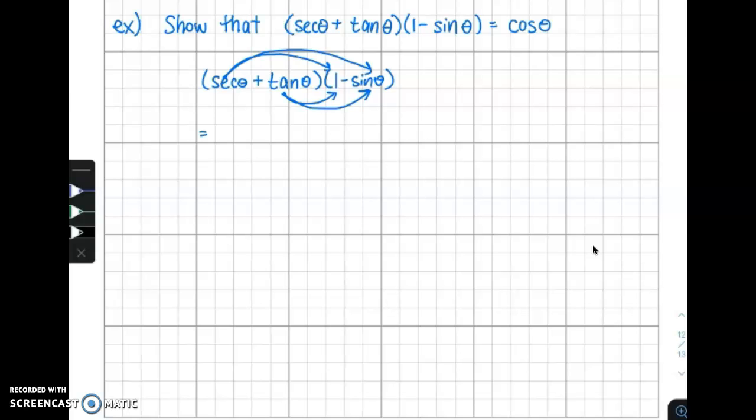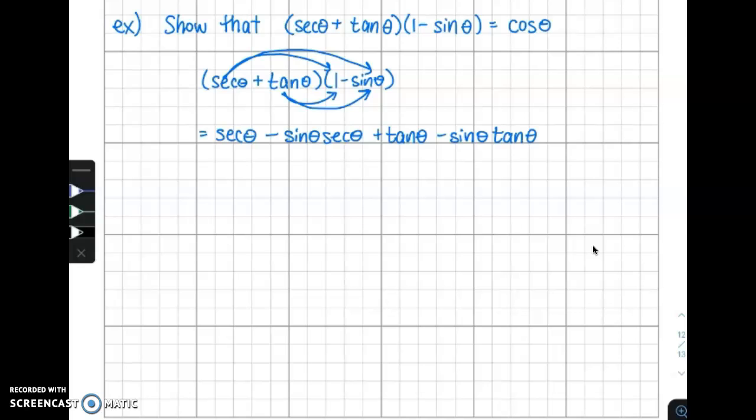So my first statement is equal to secant times 1, which is secant, secant times negative sine, which is negative sine secant, plus tangent times 1, which is tangent, minus or plus tangent times negative sine, which is negative sine tangent. The order doesn't matter, I just like sine first. So I took care of an algebra step. I saw that there was 2 parentheses that could be FOILed, so I FOILed.